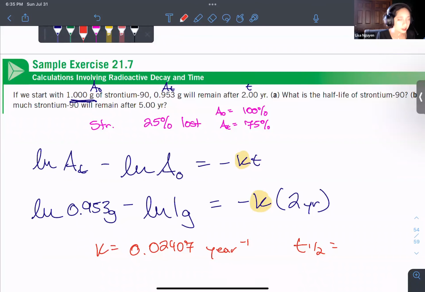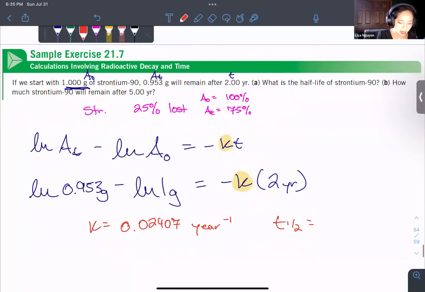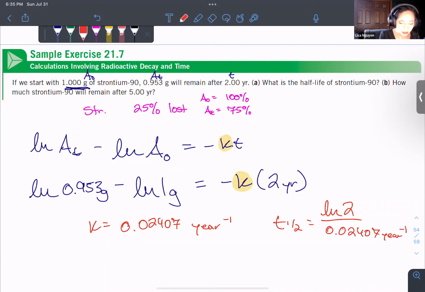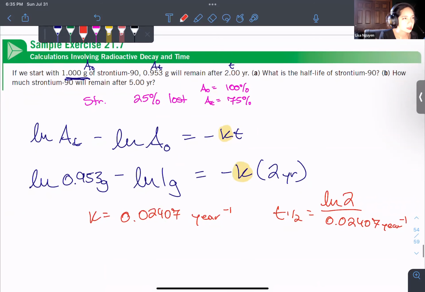And so there's just one small extra step at the end where we take that k we just got and do natural log of 2 divided by that k value. So natural log of 2 divided by 0.02407 years to the -1. Natural log of 2 is about 0.693. I think that's given on the supplemental handout, but I just remember it's natural log of 2.